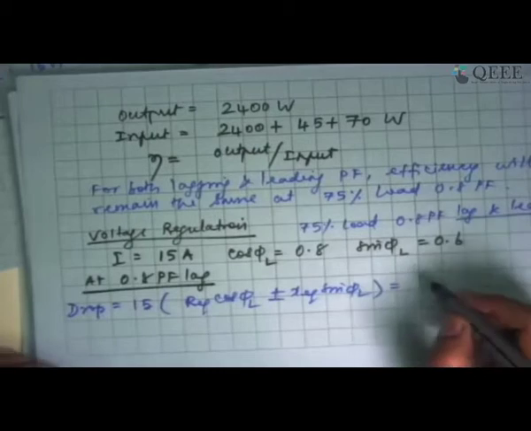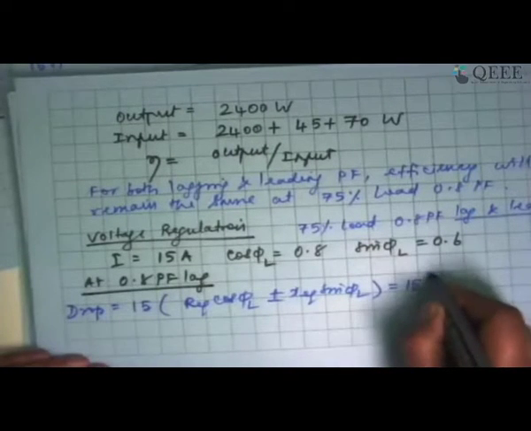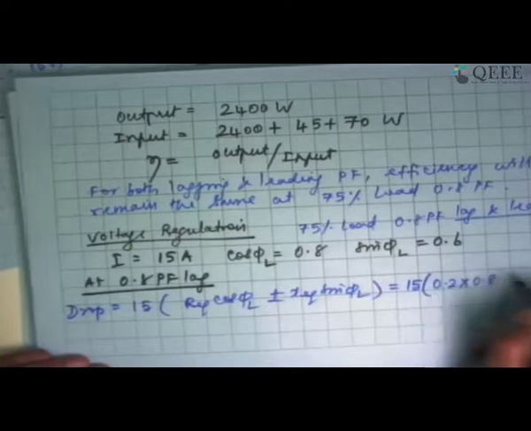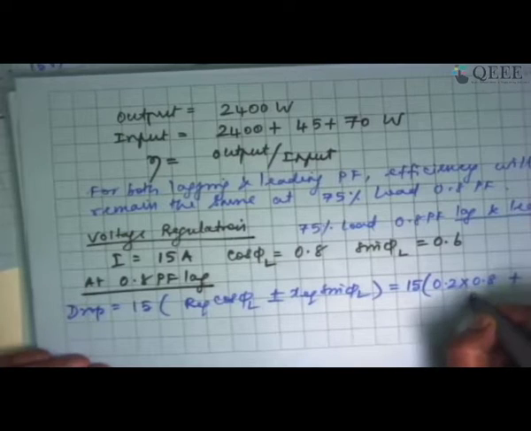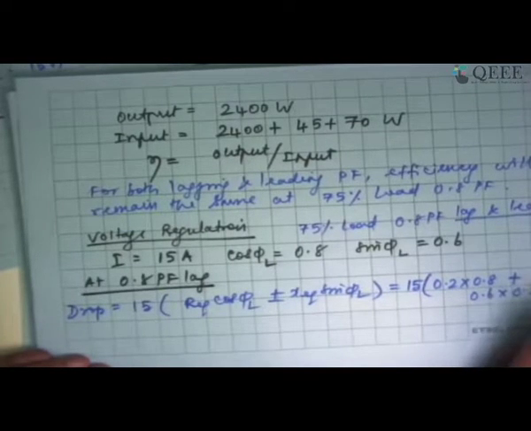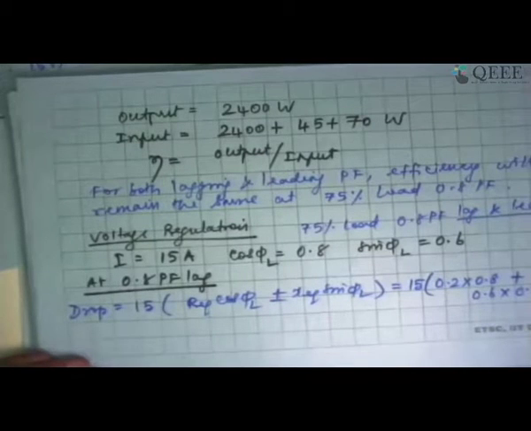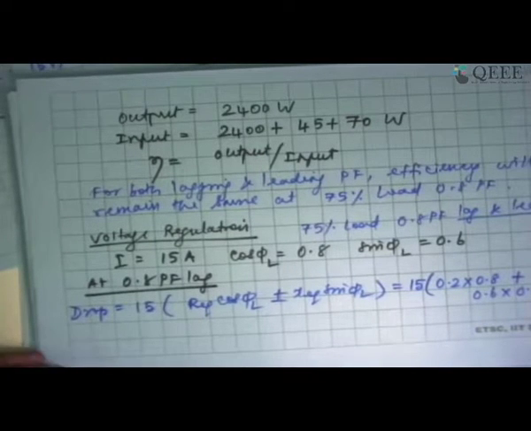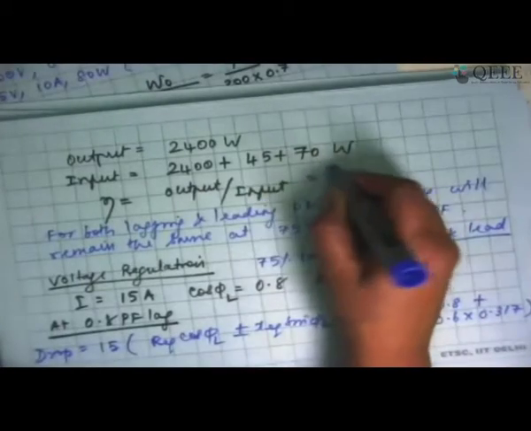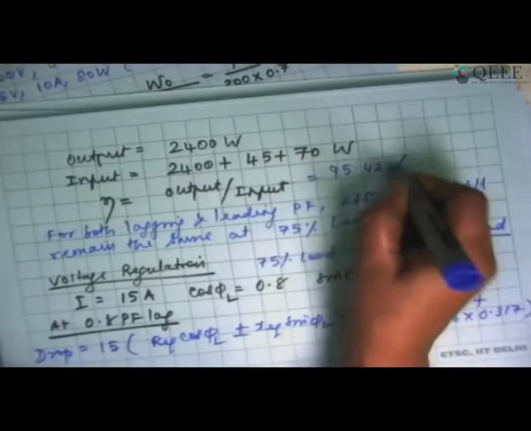So I can write this as 15 multiplied by 0.2 multiplied by 0.8 plus 0.6 multiplied by 0.317. That's what I remember. Right? So can you tell me how much is the value of, so efficiency somebody has calculated as 95.42%.